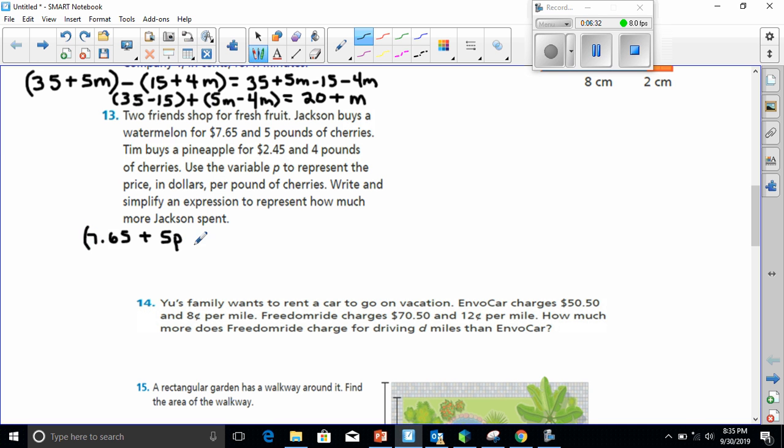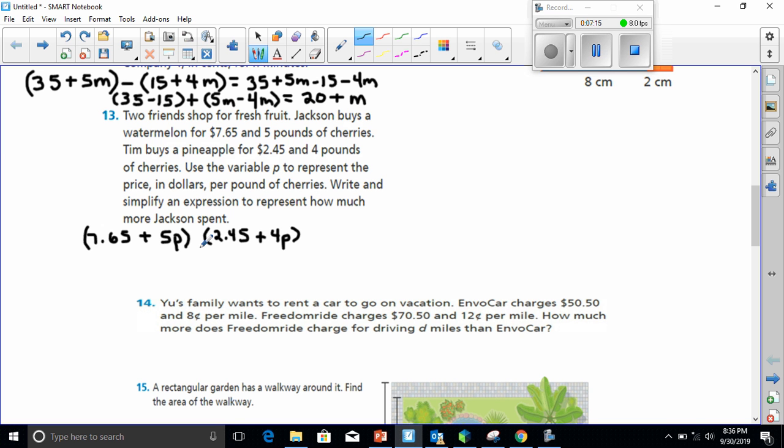And that's going to be my first expression. I'm going to be combining it with the expression 2.45 and 4 pounds of cherries. So that's plus 4 pounds of whatever that price is. It says use the variable p to represent the price in dollars. We don't know what that price is per pound of cherries.